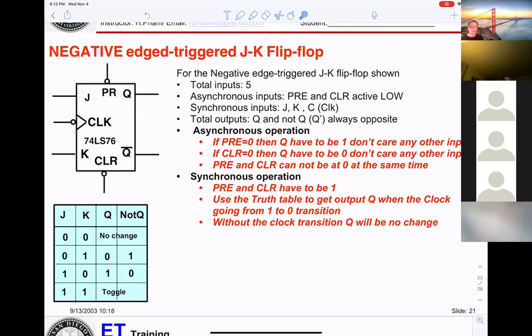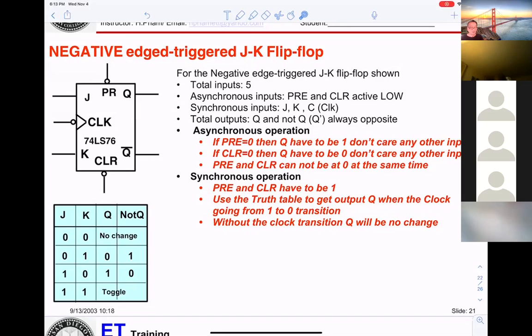So this JK, you get a truth table. J0, K0: output will be no change. J0, K1: output 0. J1, K0: output Q equal 1. J1, K1: toggle. The only thing you need to know is what toggle means.